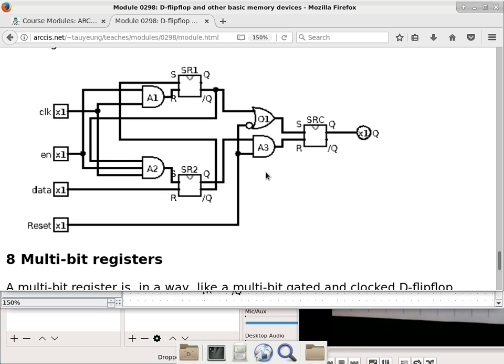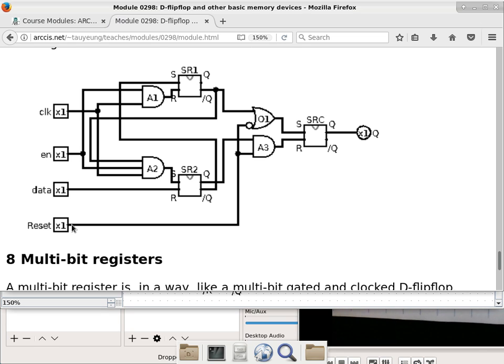But instead of having those wires connected directly to the final stage SR latch, now we have the gates. We have an OR gate that has a negation going to reset, which is active low. We also have an AND gate, A3, connecting to the same thing, but not negated. What's going to happen when reset goes 0? Let's track it down.